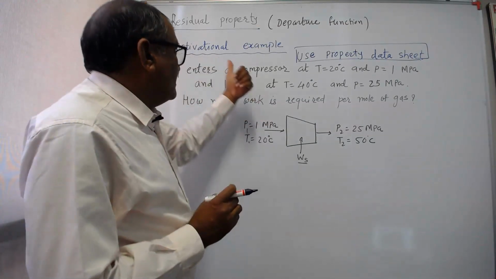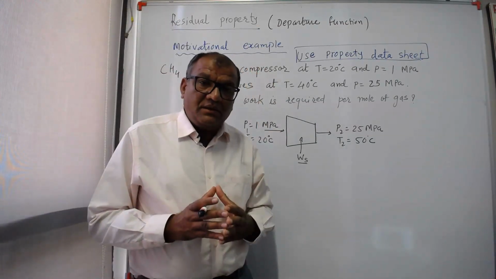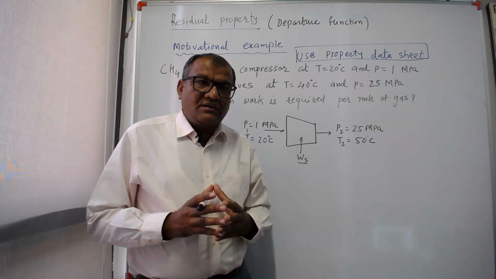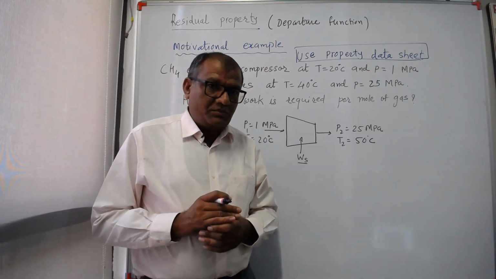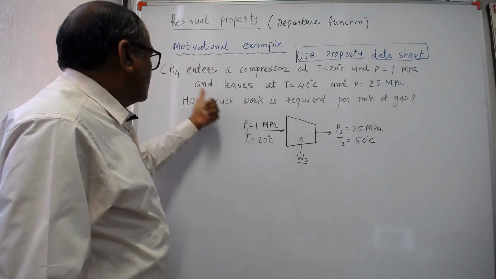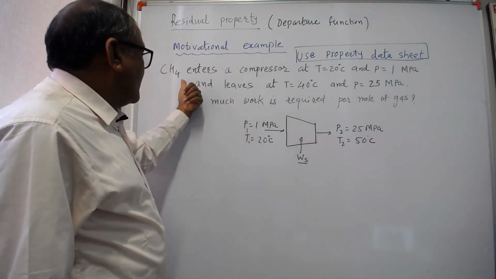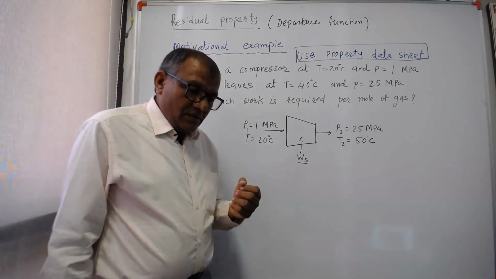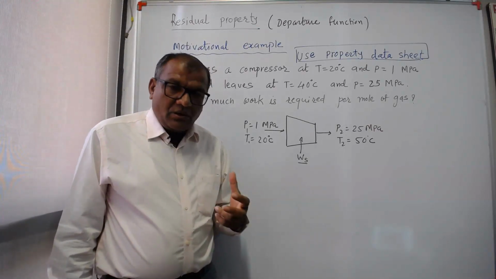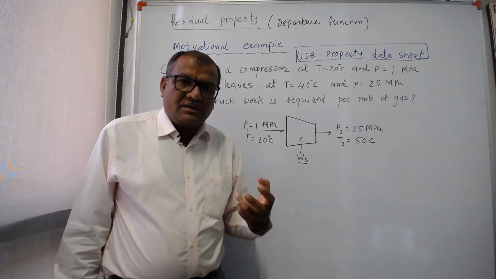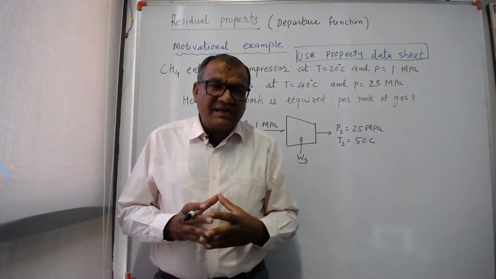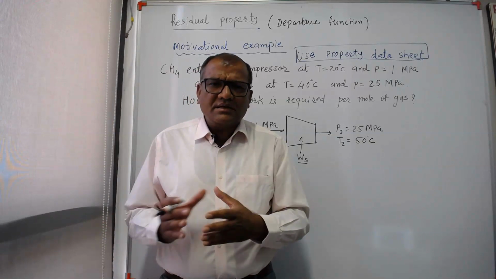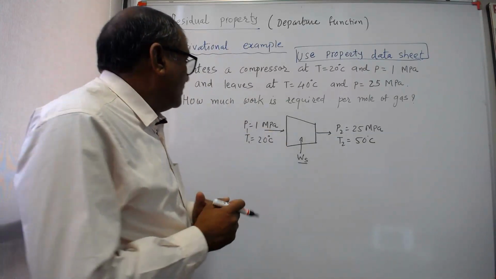I have considered one motivational example before starting the conceptual understanding of residual property. In this problem, the statement is about CH4, that is methane. If we talk about CNG, compressed natural gas, CNG contains a major portion of methane and a trace amount of other gases like ethane.